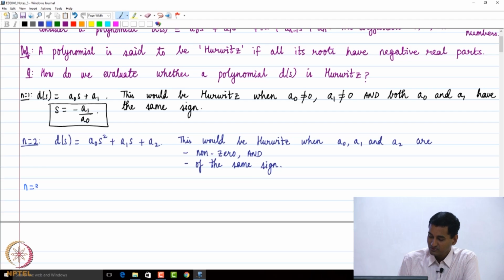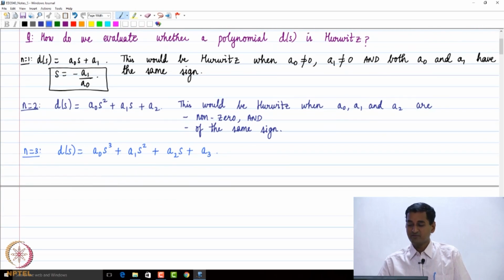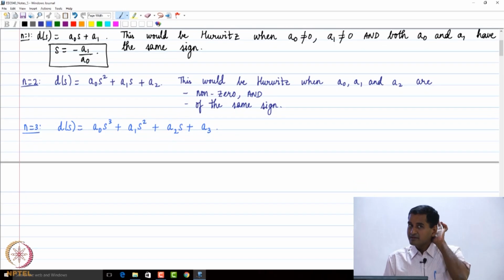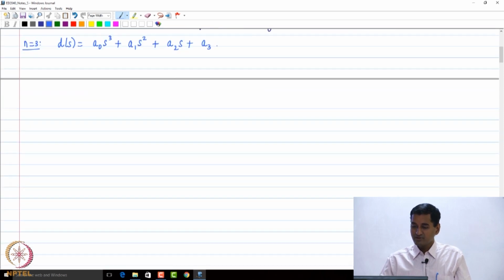So now let's go to n equals 3. Now the polynomial becomes a0 s cube plus a1 s squared plus a2 s plus a3. So now there are 4 coefficients. Please remember, the way we have written it, for an nth order polynomial we are going to have n plus 1 coefficients.